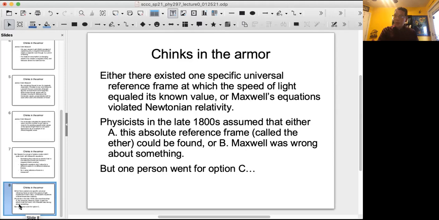And so on Wednesday, we will talk about and do some of the math and see where the mathematics led Albert Einstein. That will be the topic of discussion for the lecture on Wednesday, and then the lecture next Monday, both of which will be asynchronous. And you'll see that there were some very profound conclusions that came out of that.